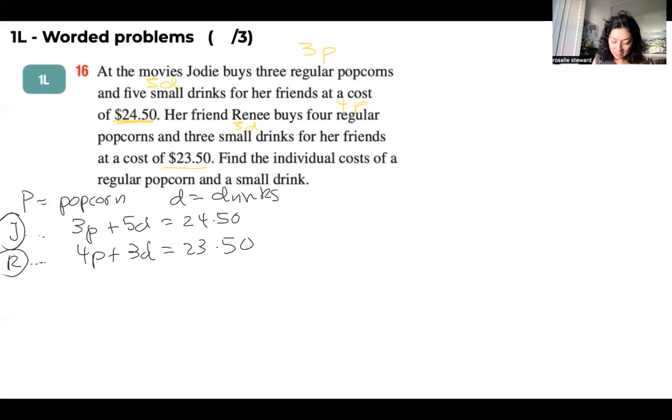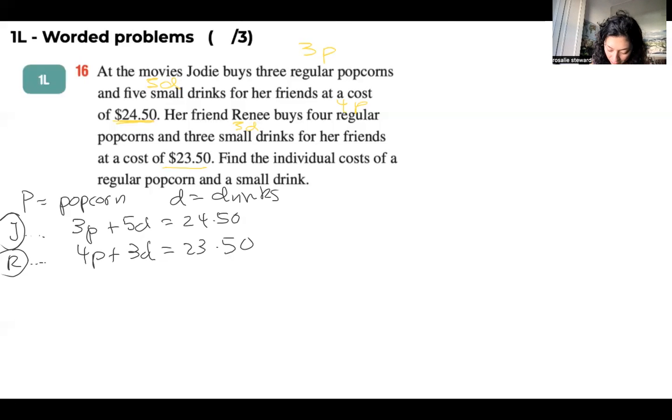So what I need to do is actually make them the same number. I need to make 3 and 4 the same number using multiplication. Their lowest common multiple, the number that they're both going to divide into, it's, let me just count, it's 12. So 12. If you're not sure, you can just cross multiply, times it by the other.